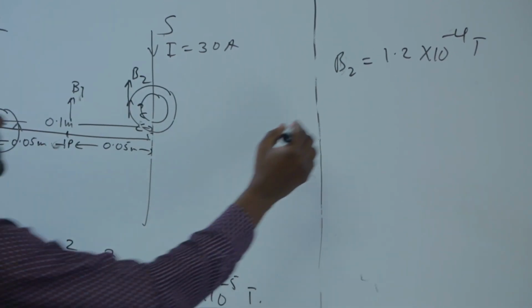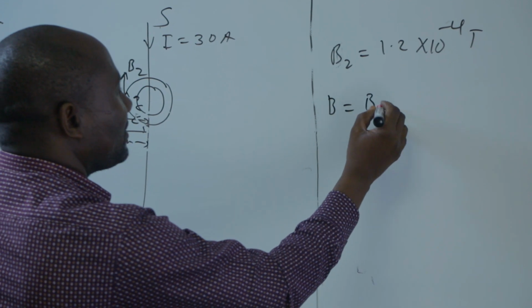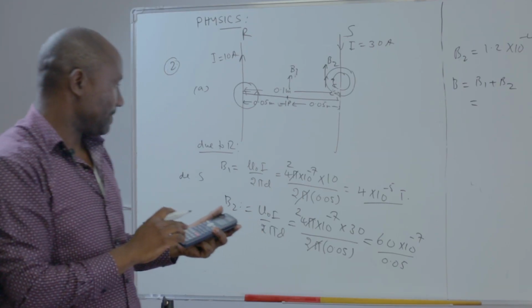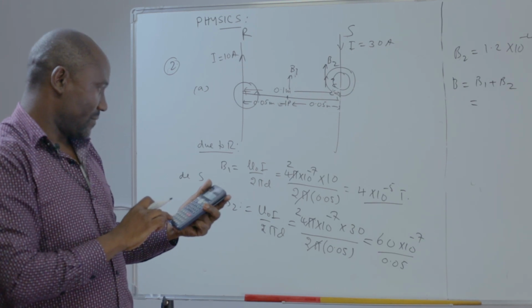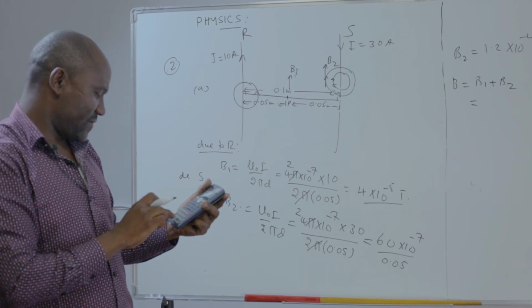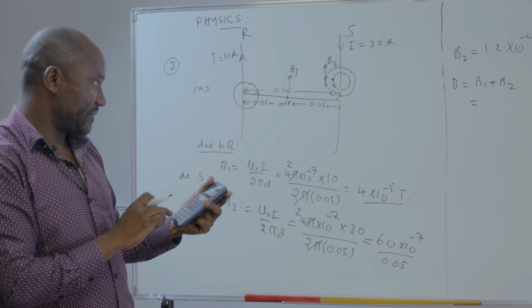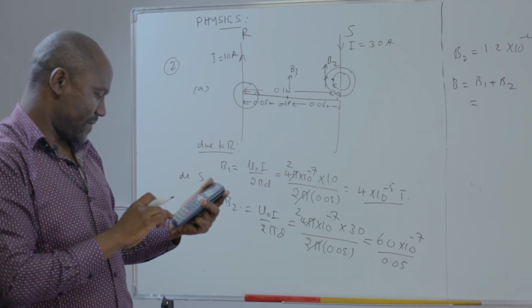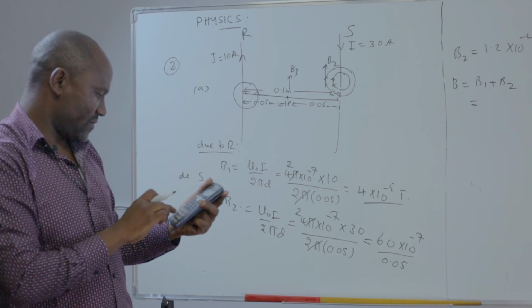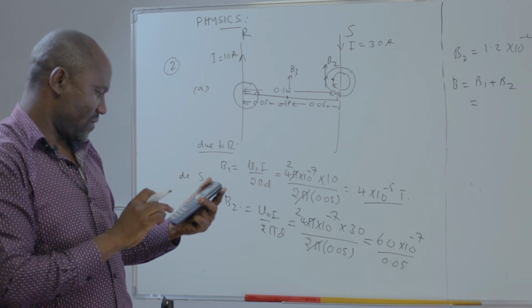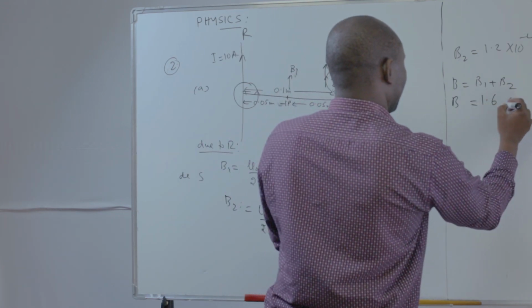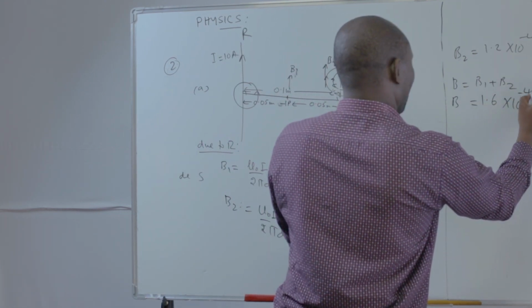So the total magnetic flux density equals B1 plus B2 equals 4 e power negative 5 plus 1.2 e power negative 4. The answer is 1.6 e power negative 4 Tesla.